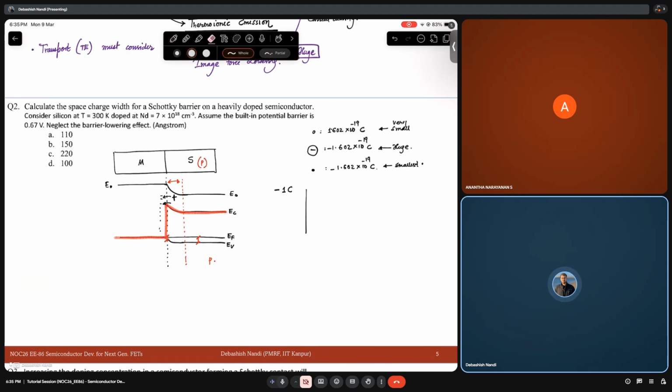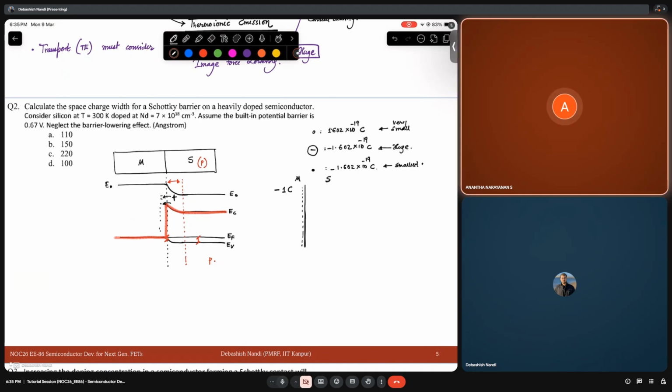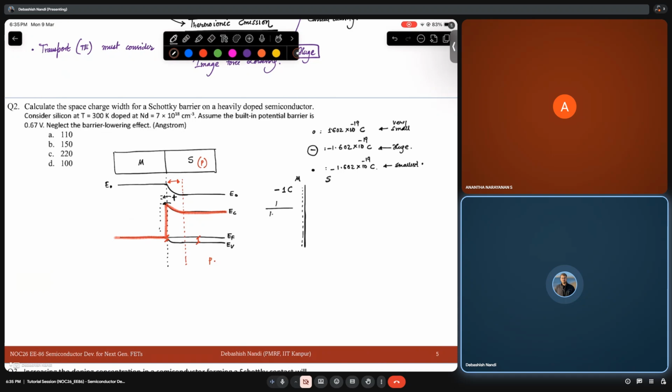So how many electrons are there in the metal? 1 divided by 1.602 into 10 raised to minus 19, around 10 raised to 18 electrons, right? Give or take, yes.